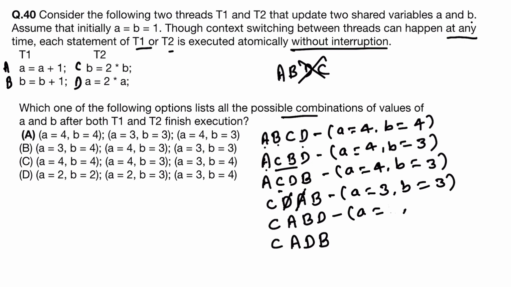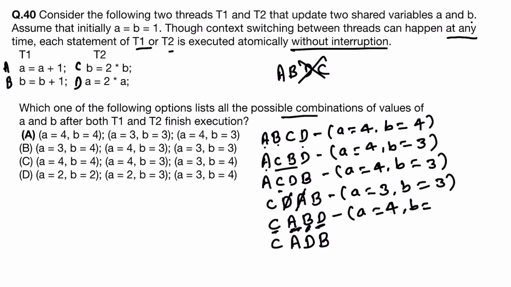Here, for A, at first A is happening, then D. So for A it will be at first 2, then 2 times gives 4. And for B, C then B: C is 2 times, then 2 plus 1 is 3.